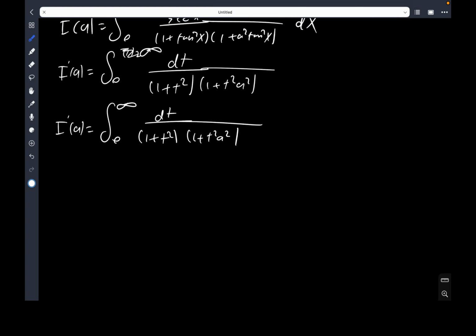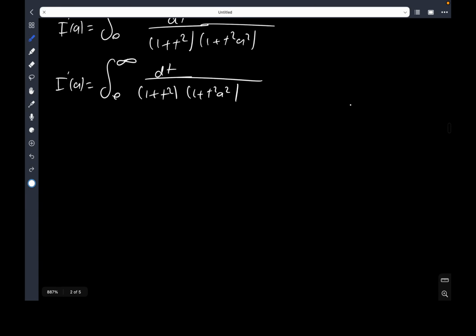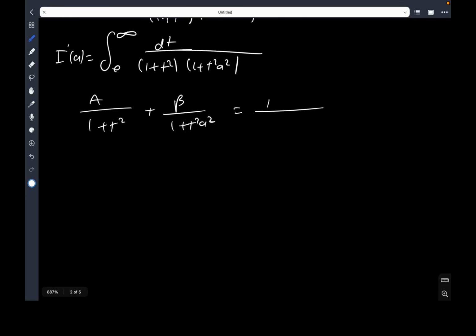To proceed further, I'm going to need to split this integral into two sections. My ansatz, my supposition, is A over 1 plus t squared plus B over 1 plus t squared a squared, which should be equal to 1 over (1 plus t squared)(1 plus t squared a squared).